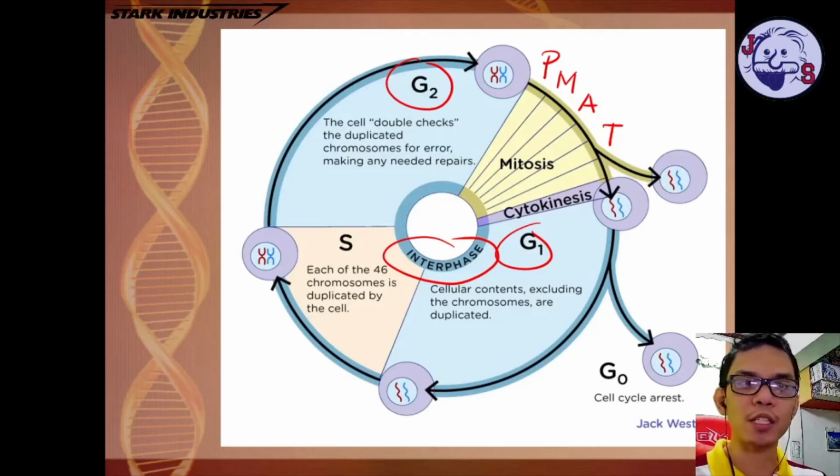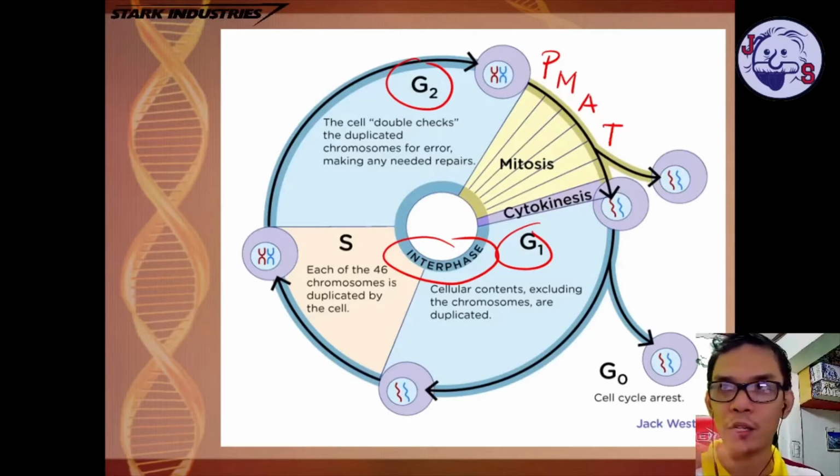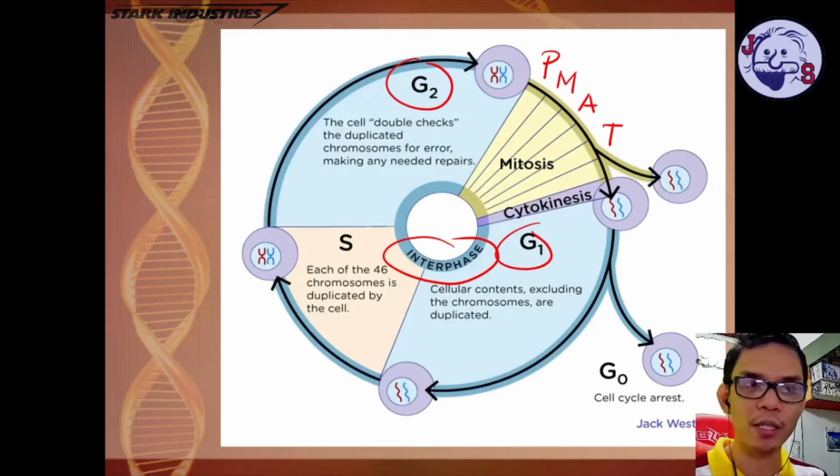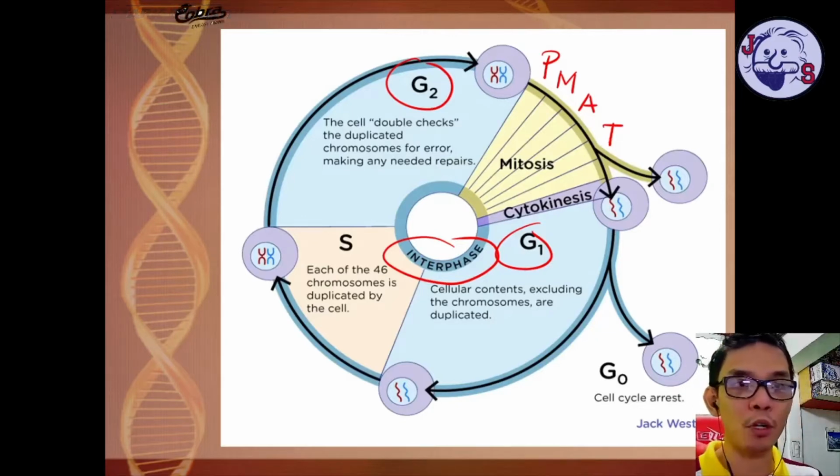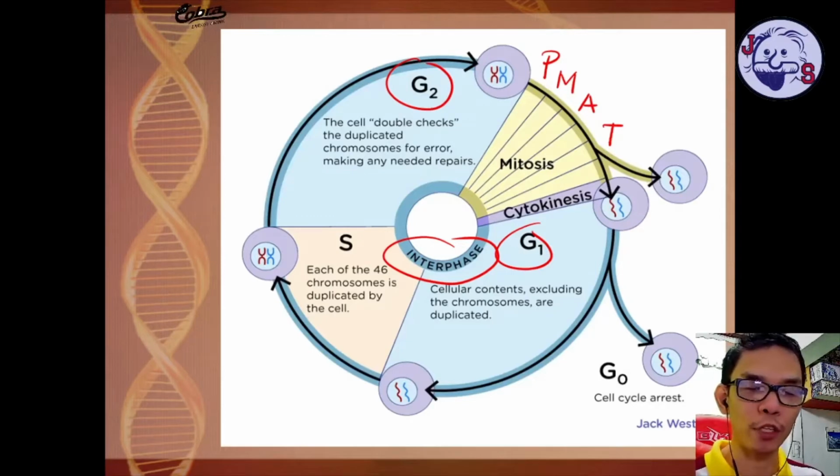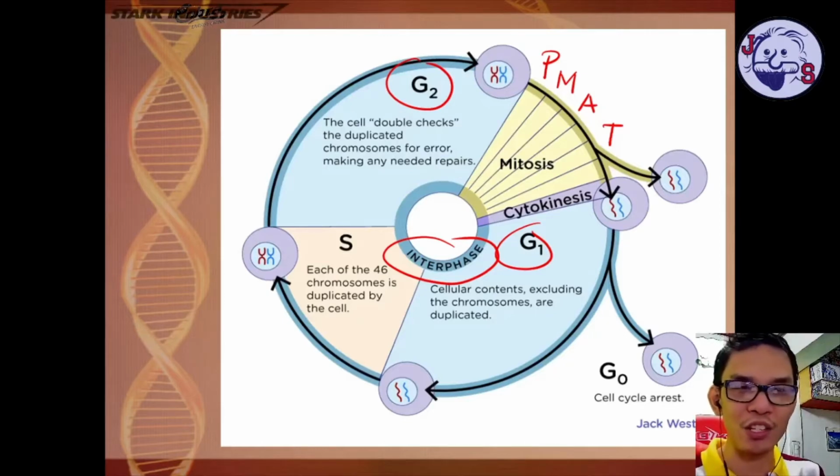And the S phase is one of the most important parts in this process, because without the S phase, the cells will not contain the same genetic information; they will not have any genetic information at all.